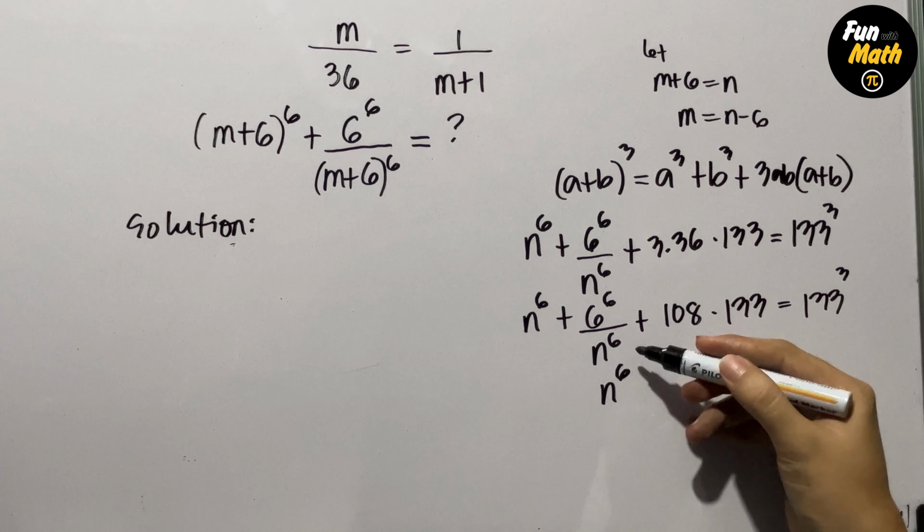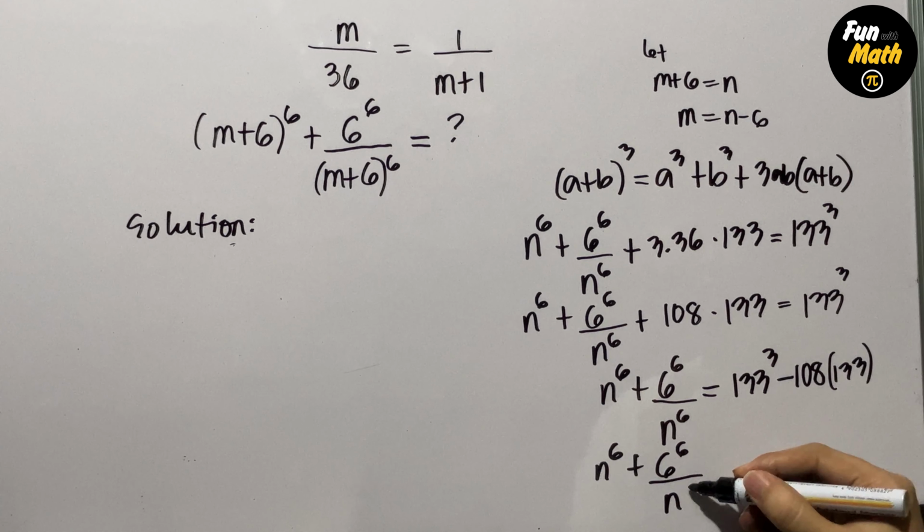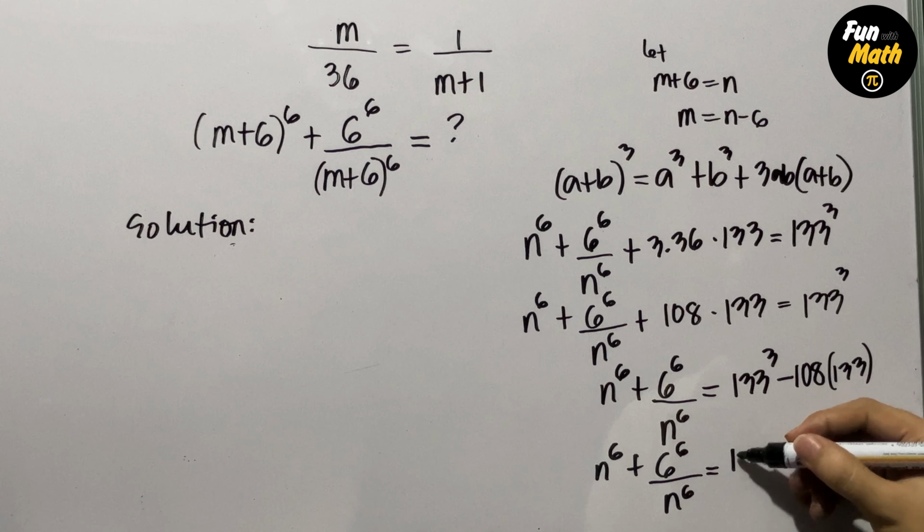Now, on the right side, we have the common factor, which is 133, so we can factor that. So this is now n^6 + 6^6/n^6 equals 133 times 133 cubed divided by 133.